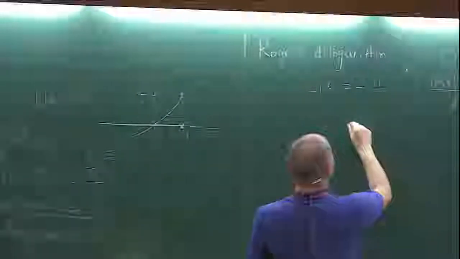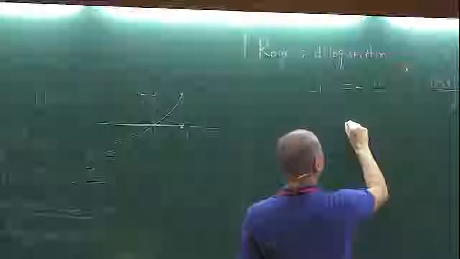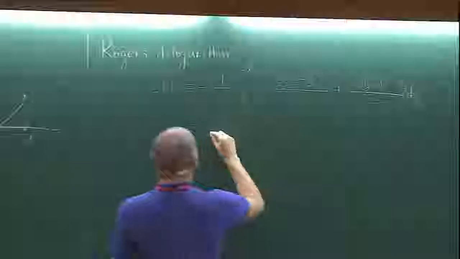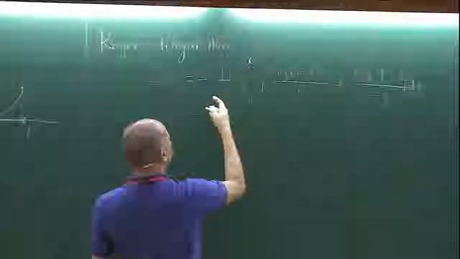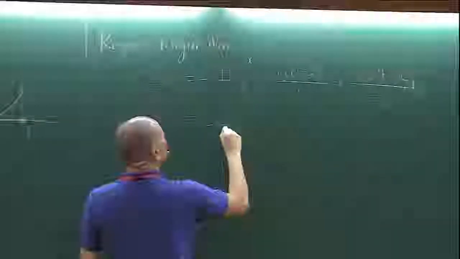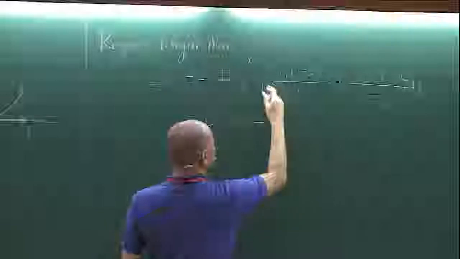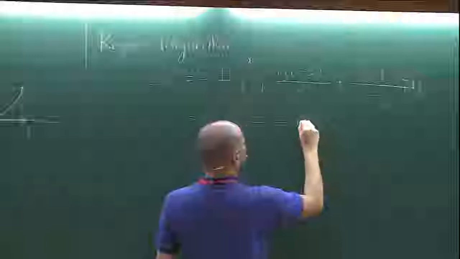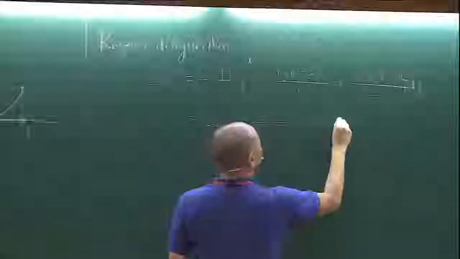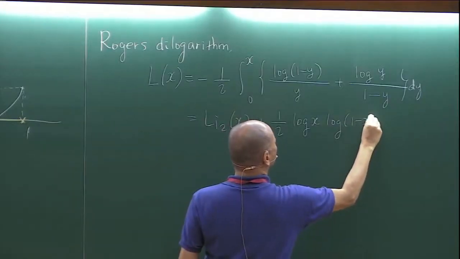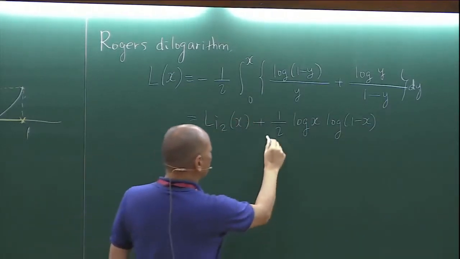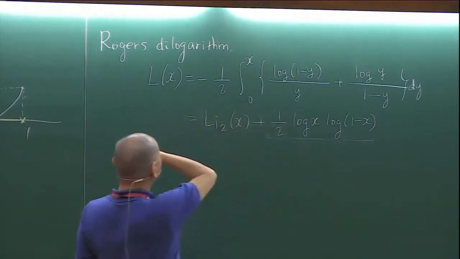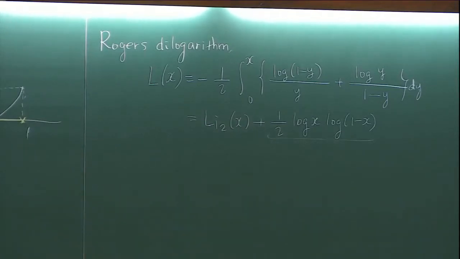You can also partially integrate this part, then this 1/2 is cancelled, and you come back to this one. But we have a surface term coming from the partial integration, which is log x times log(1 minus x). So up to this elementary function, it is essentially equal to the dilogarithm function.